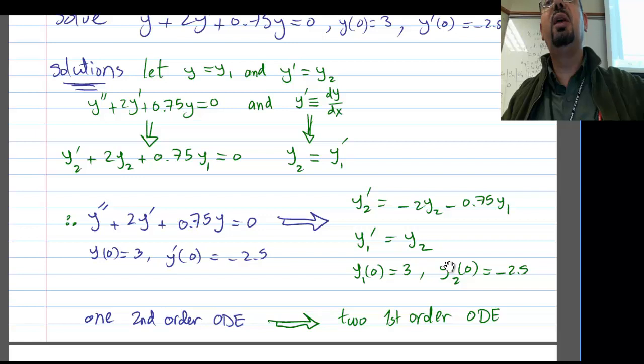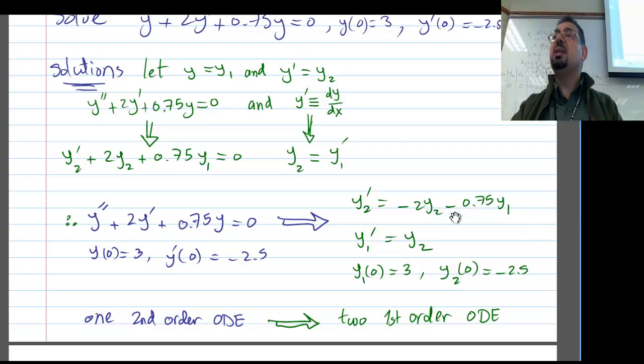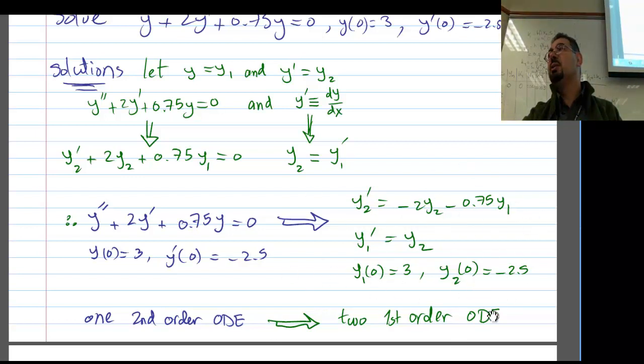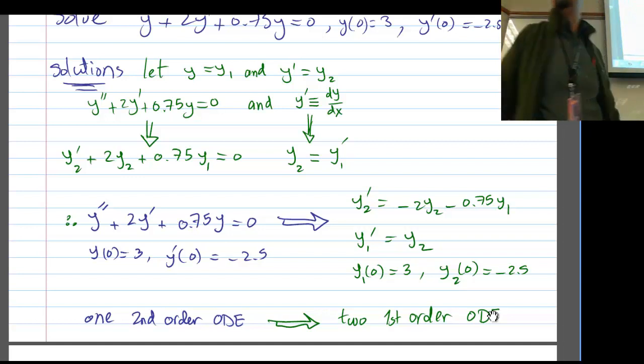2 of them, 5 of them, 7 of them, it doesn't matter. So if you have this, you will turn it into this. And now let's ask ourselves, how do we integrate this? How do we solve this? A bunch of ordinary first order differential equations that you have to solve simultaneously. How do you solve those together?